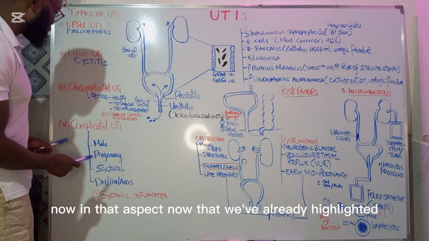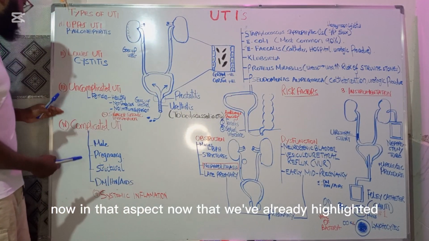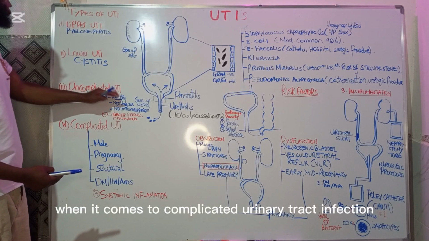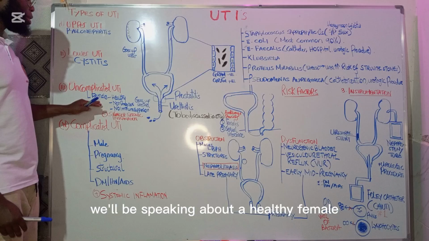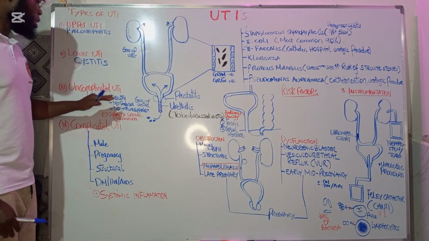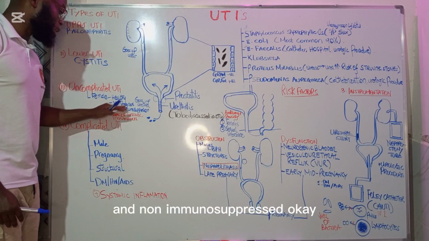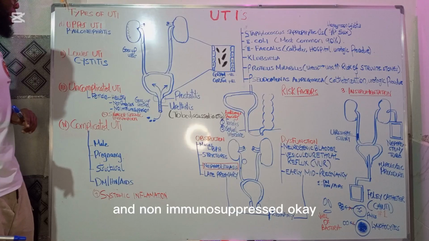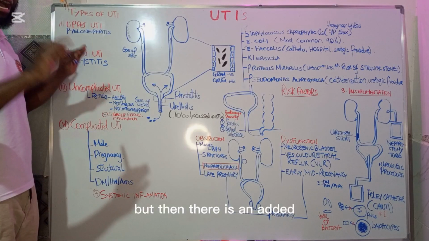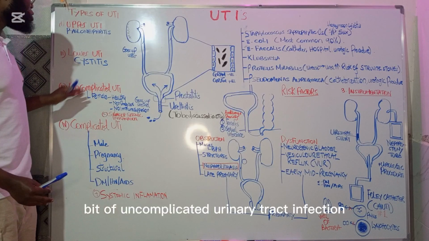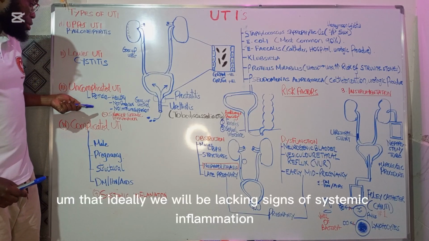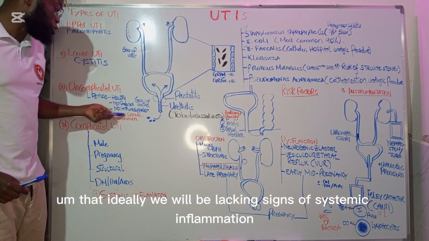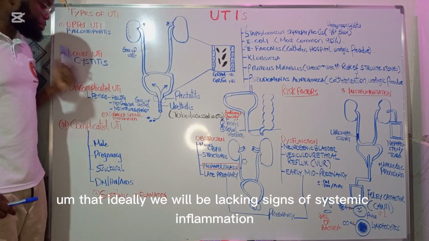Now, in that aspect, now that we've already highlighted, when it comes to uncomplicated urinary tract infections, we'll be speaking about a healthy female, non-pregnant, non-immunosuppressed. Okay, but then there is an added bit of uncomplicated urinary tract infection, that ideally we will be lacking signs of systemic inflammation.